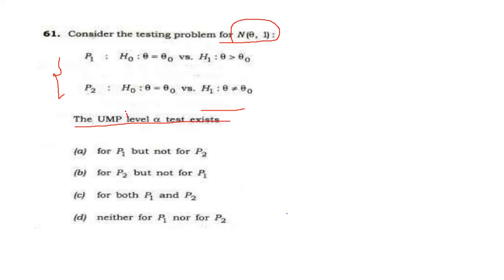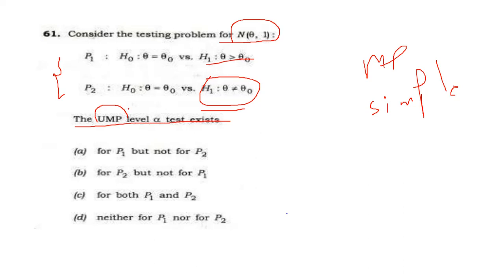UMP means uniformly most powerful. For a most powerful test there is one condition: the null hypothesis and alternative hypothesis should both be simple. If both are simple, then we can apply the most powerful test. We apply the uniformly most powerful test when we have a composite hypothesis. So C, both, is the correct answer for this question.